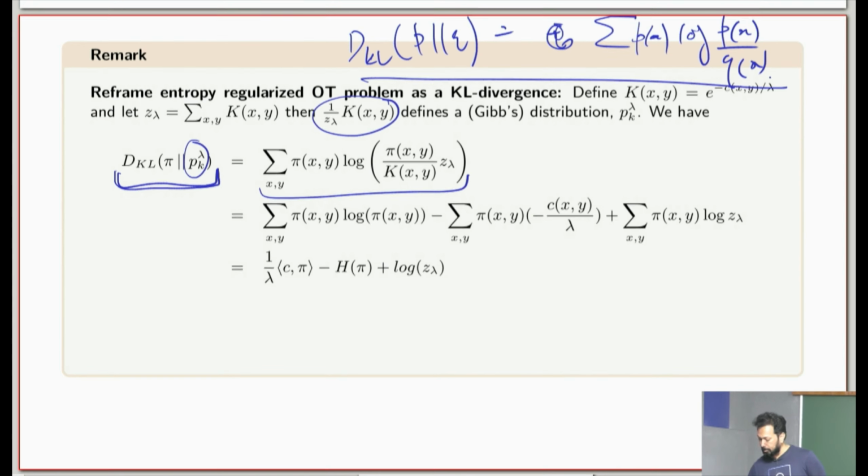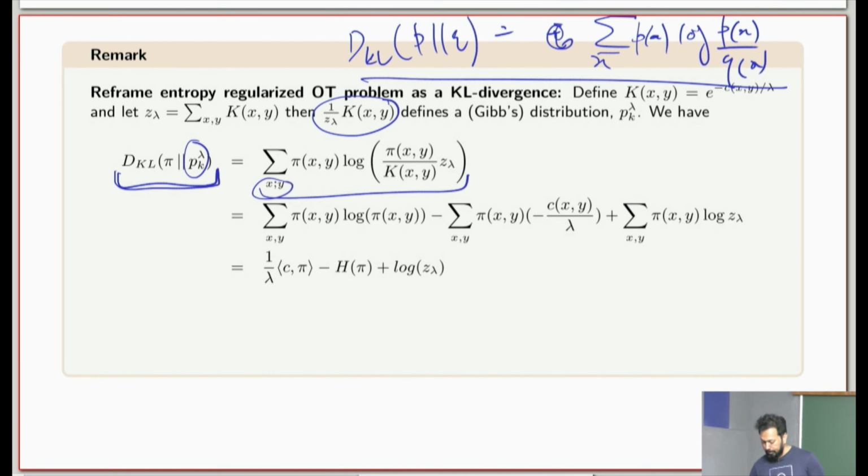That was our definition of the KL divergence for the discrete case. In this case it's a distribution with two arguments, but that doesn't matter, and x could also be seen as a vector.